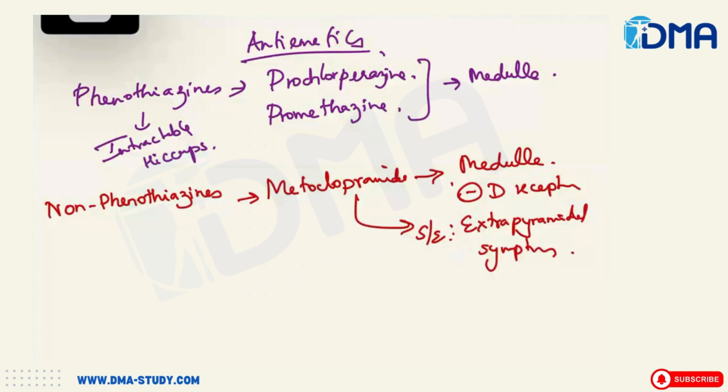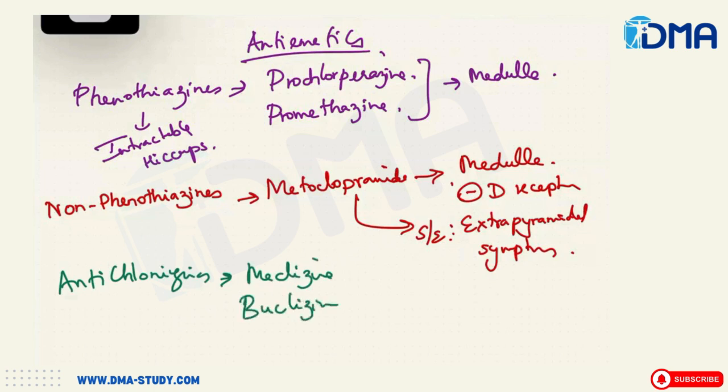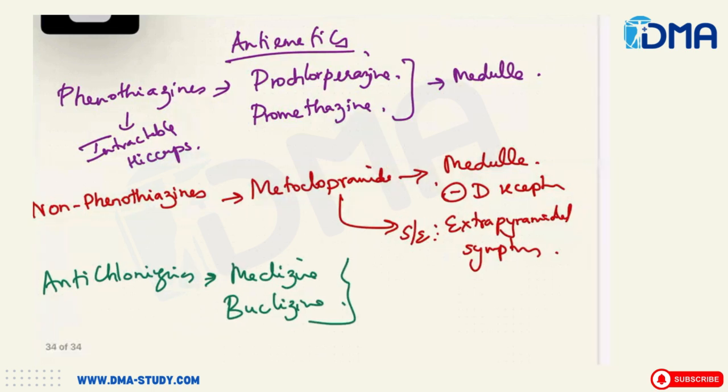Then anticholinergics. Anticholinergic is meclizine and buclizine. It also decreases the impulse transmission at the medullary level, also at the local level.